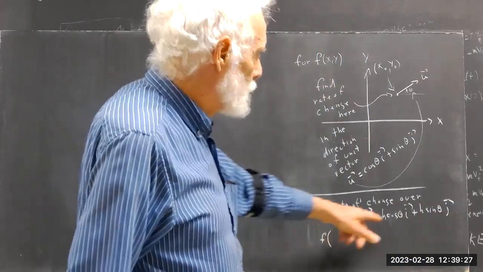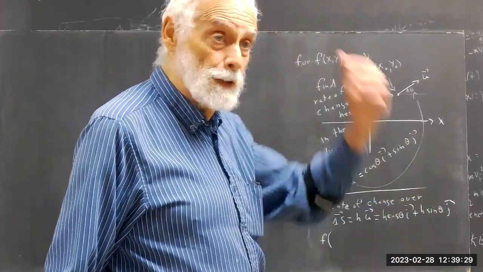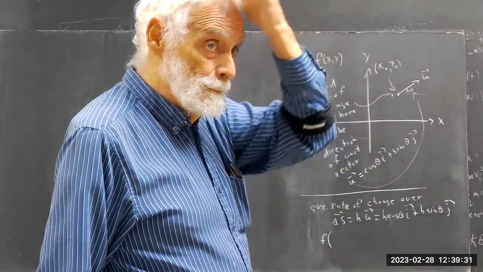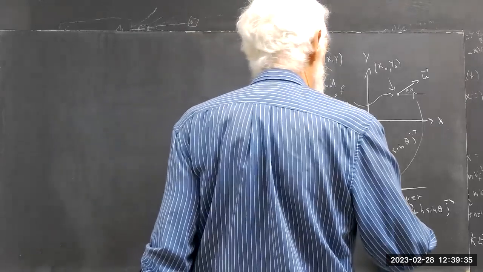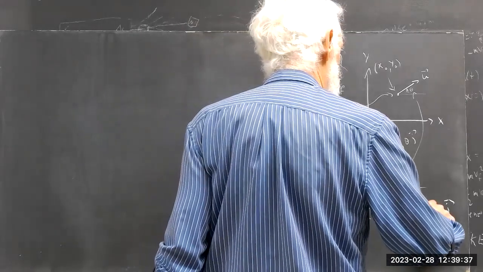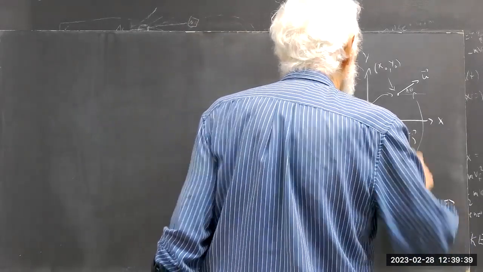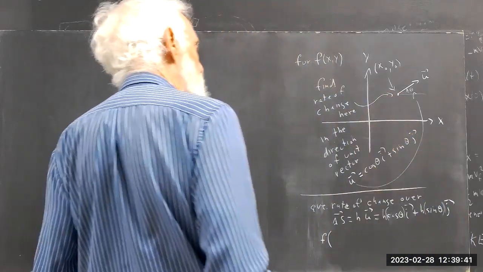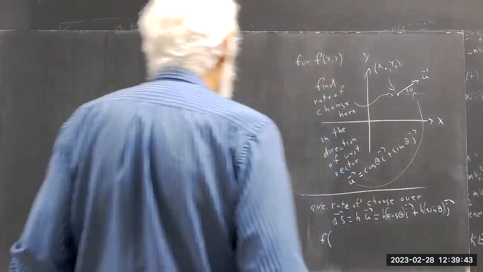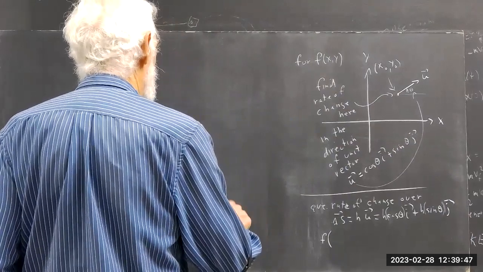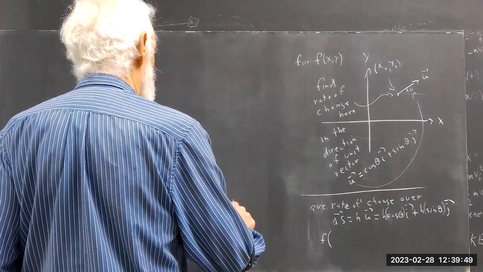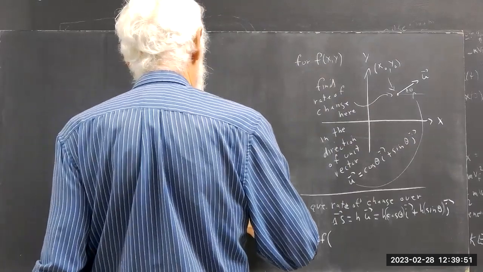It's h cosine theta times i plus h sine theta times j. So what we would be looking at is the point x naught, y naught. And I'll draw that down here. And here's x naught, y naught.